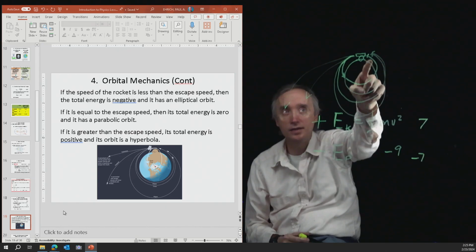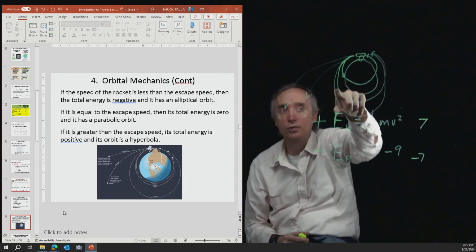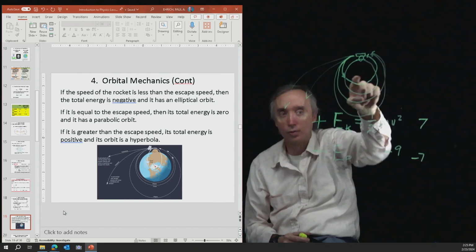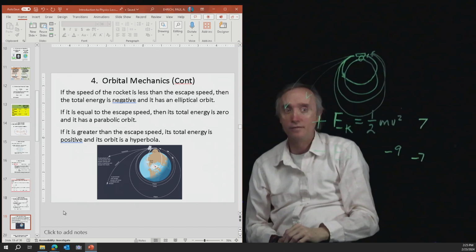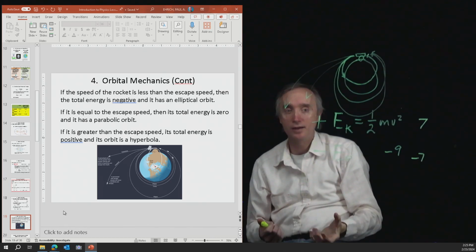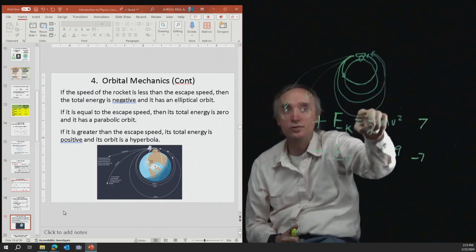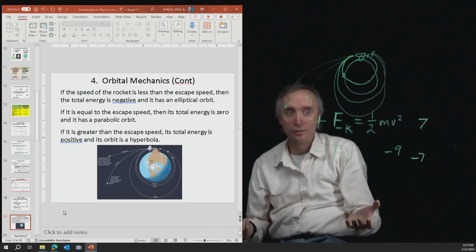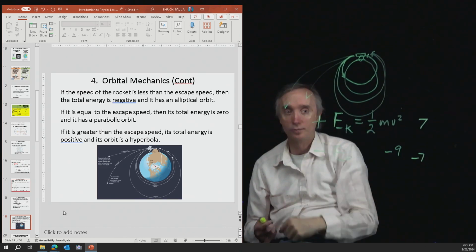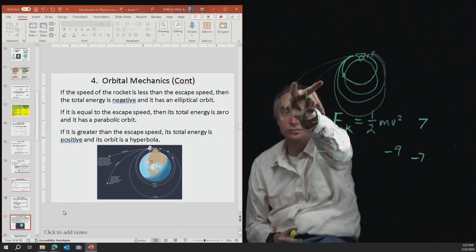In the case where it has an elliptical or circular orbit, or it's bumping into the Earth, what's winning? Gravity. It can't escape the gravity of the Earth, so this is a closed orbit. Johannes Kepler knew all about elliptical orbits, but he didn't know about these 2.